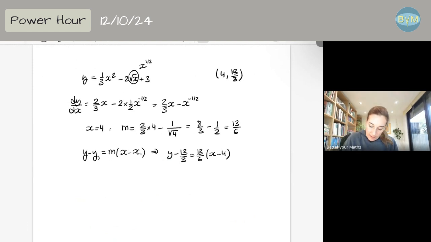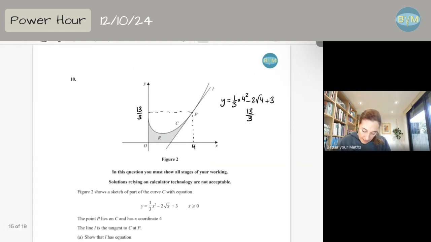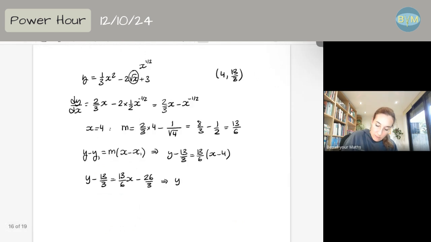We can expand the brackets first. So y minus 13/3 is 13/6 of x minus 26/3. I can cancel that. Do we have the y first? No, we have the x first.